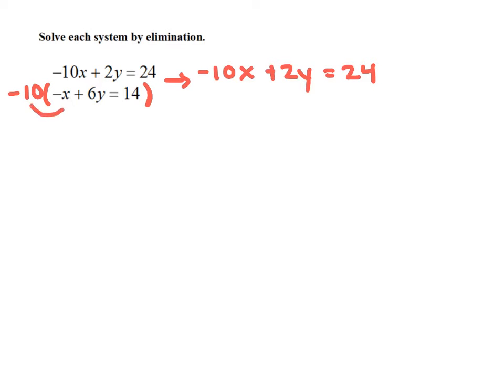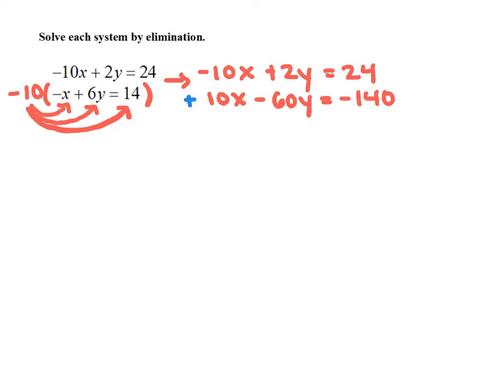And if I multiply everything in that second equation by negative 10, I'll have positive 10x minus 60y equals negative 140.